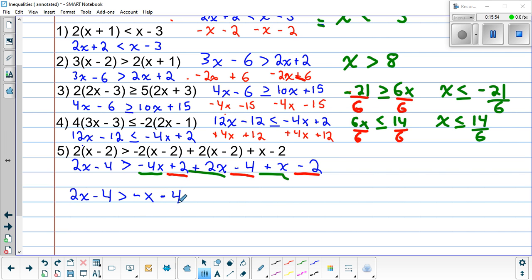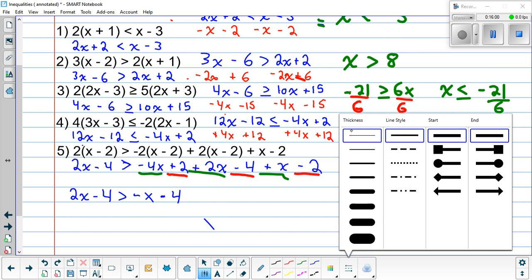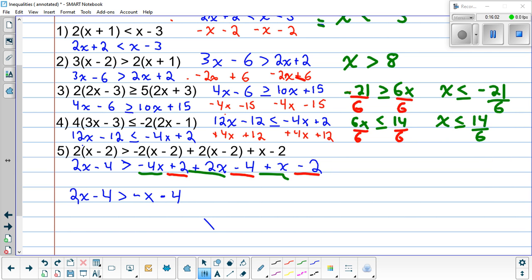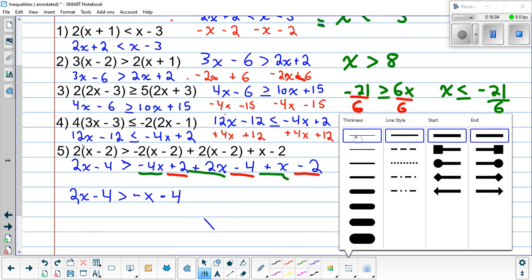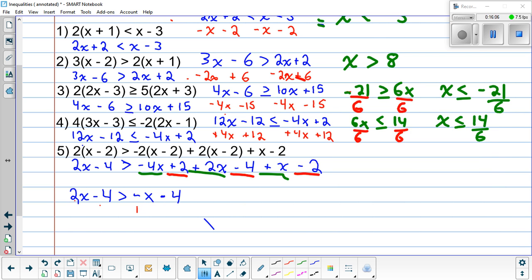So, how can I simplify this? Well, let's take a look. Same thing. Let's move this negative x to the left to make that a positive, and move that over. And then we'll have to move this negative 4 to the other side. Well, how do we do that? We have to add 4.